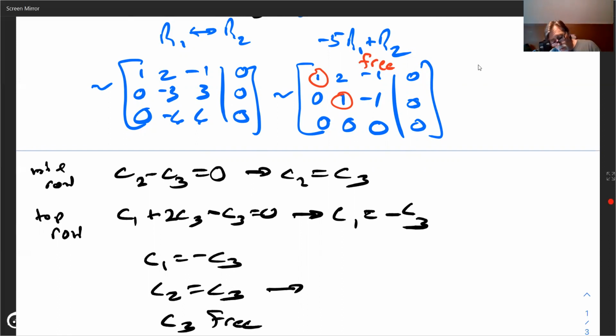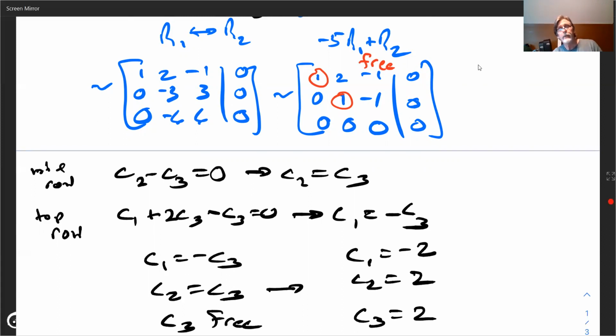So for example, what if C3 is equal to 2? Then C2 is also 2 because it's the same as C3, and C1 is negative 2. That's just one choice. We chose C3 equal to 2 out of the air.